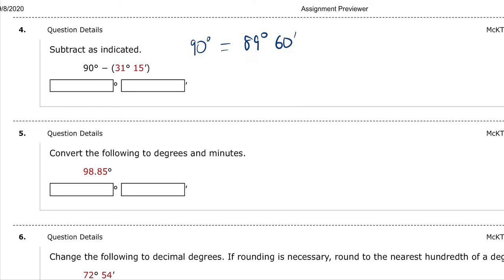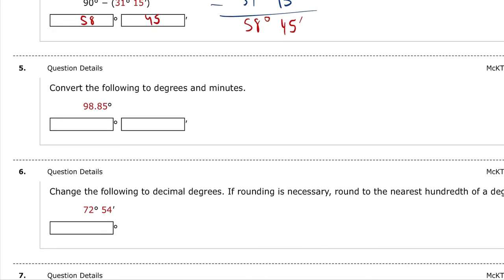The reason we do that is so that now we can subtract 31 from the degrees and 15 from the minutes. And that's going to leave us with, let's see, how many minutes is that? I think that's going to be 45 minutes and 58 degrees. All right, so that's how that works.